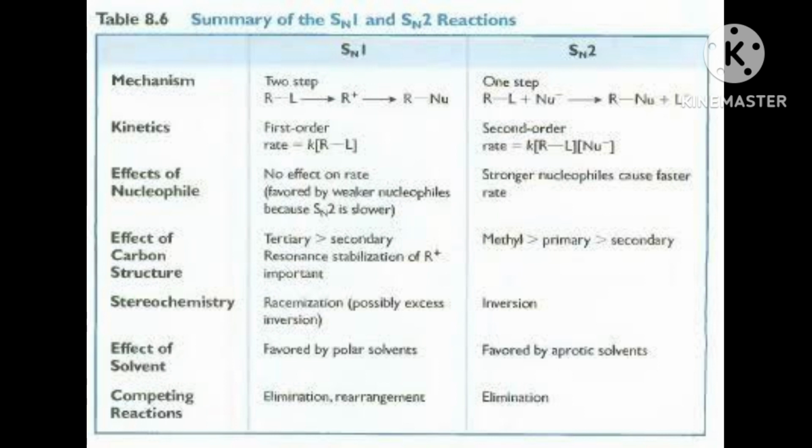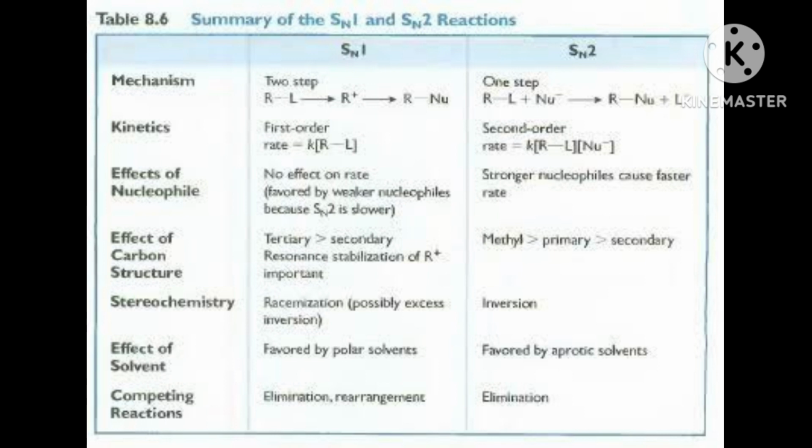This also you remember. Now I am telling you the order of reaction. Tertiary alkyl halide will be the fastest, very fast. After that secondary halide, and then primary halide, that is CH3X.